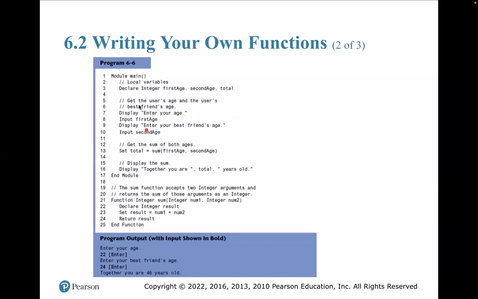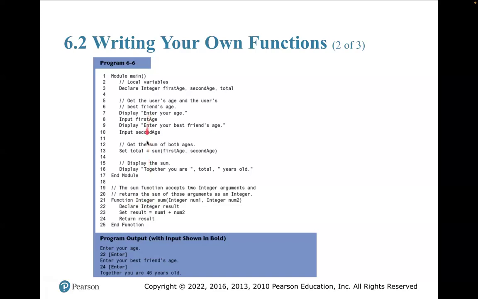So here's an example of declaring module main, and then we've declared this function. It's called sum. It takes two parameters, num1 and num2. We then declare the result, we do some math, and then we return. So notice that when we declared the function here, we gave it a return type of integer. So that means that our method here is returning an integer data type.